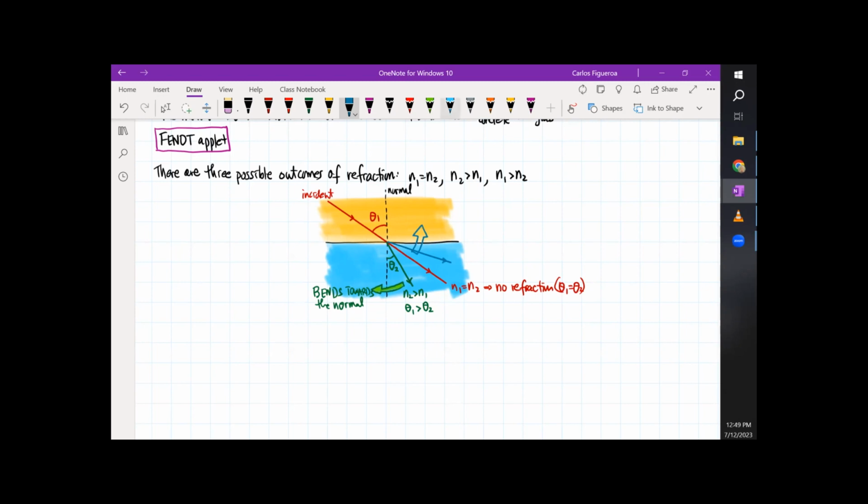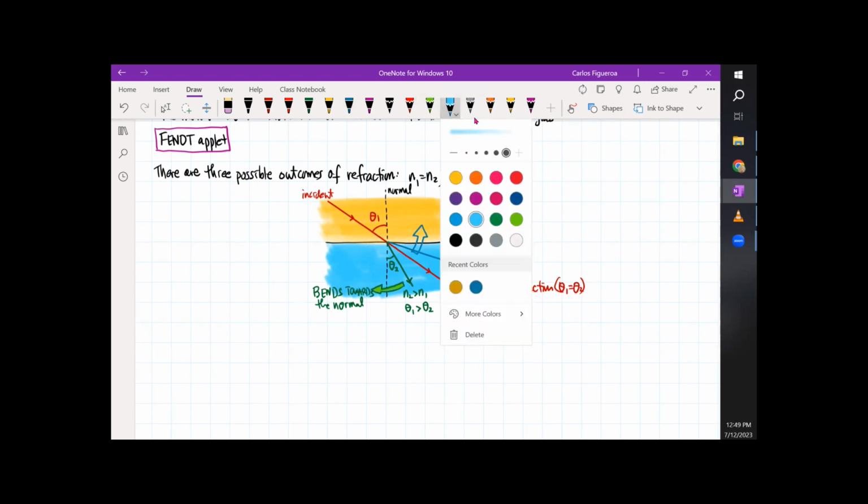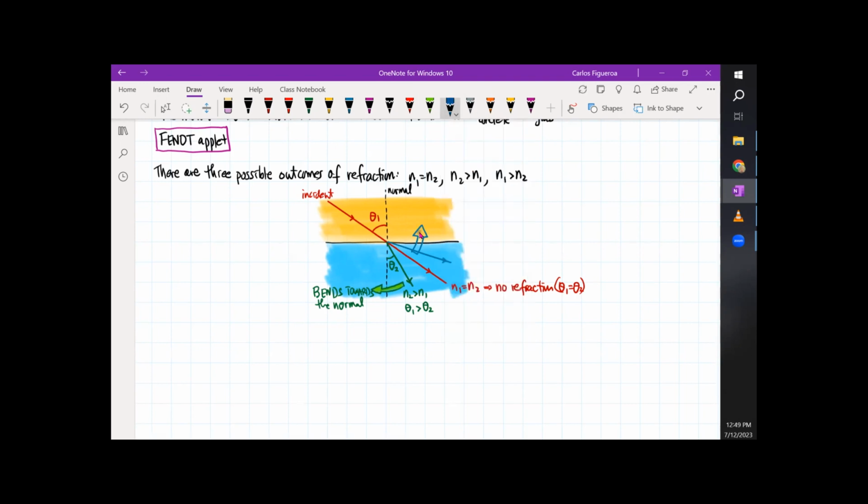Since I already have light blue, I'm going to get a different color, maybe a darker one, and highlight this to show you that I'm moving away from the normal. So in this scenario, we say that N1 is greater than N2.